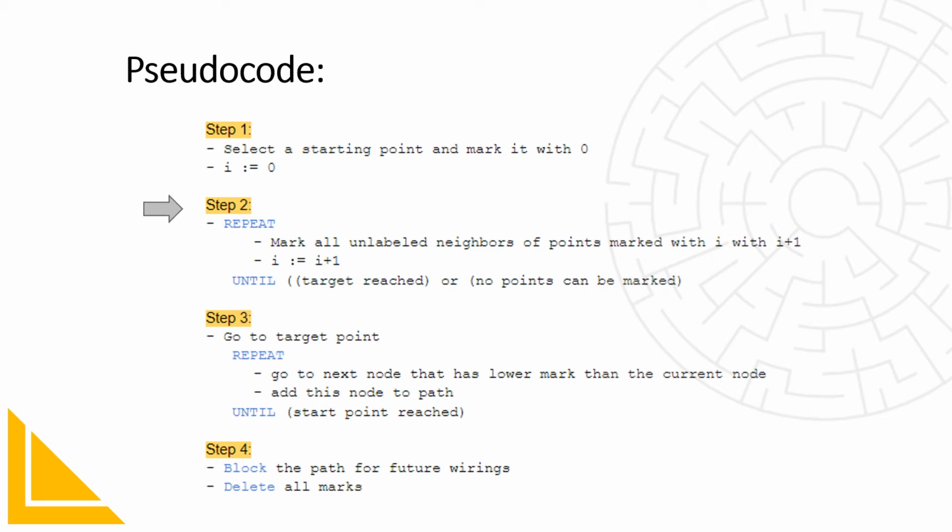The third step is the part of backtracking. We go to our target point, where we will begin our process this time. We go to the next node which has a lower label than the current node. We repeat this until we reach the start point. Lastly, clear all marks after we find the minimum path.